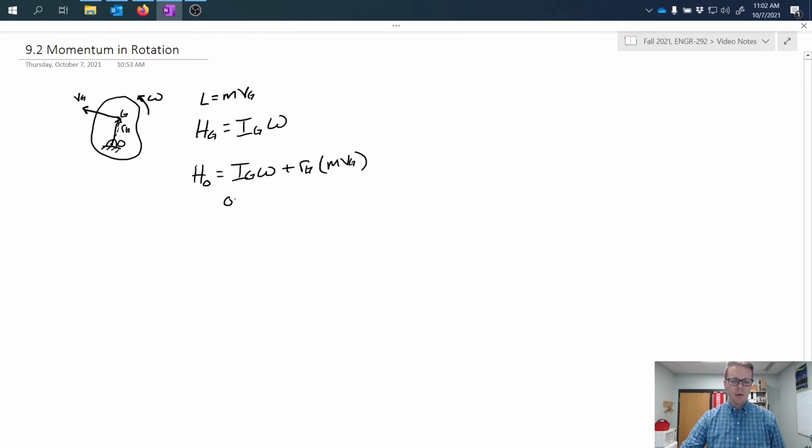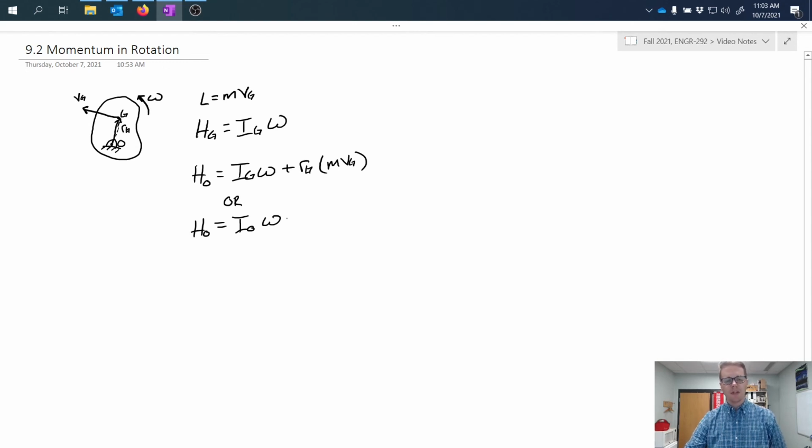Another way to think about this angular momentum about the axis O is as the mass moment of inertia about point O. So in this case, we aren't having to add on this additional term, R m V_G, because we're taking the mass moment of inertia explicitly around the rotation axis O, rather than in this first equation, where we were taking the mass moment of inertia around G.